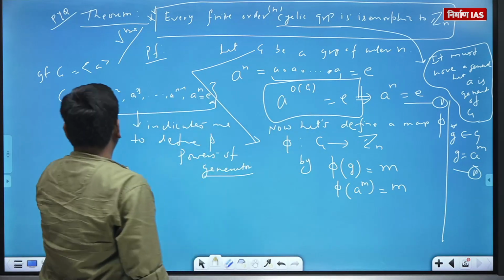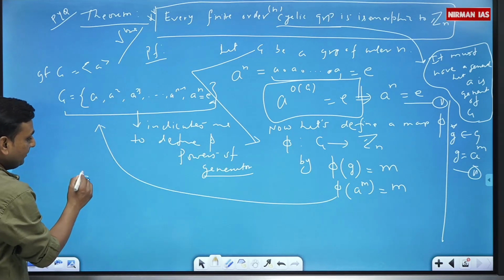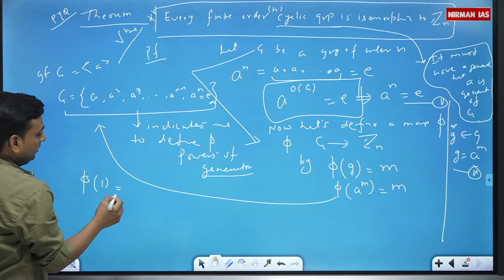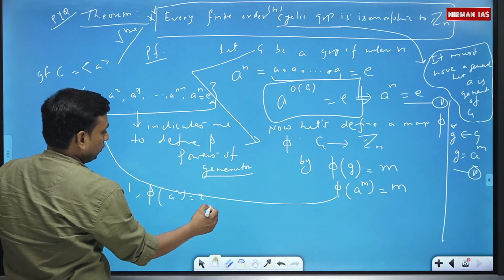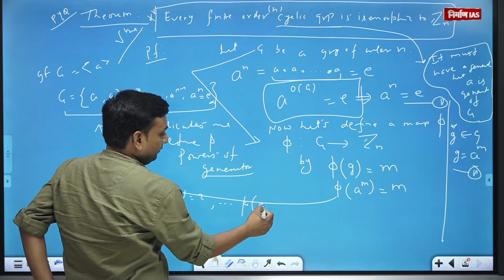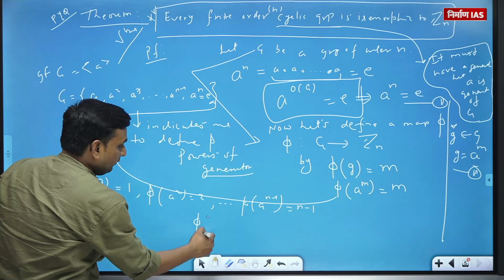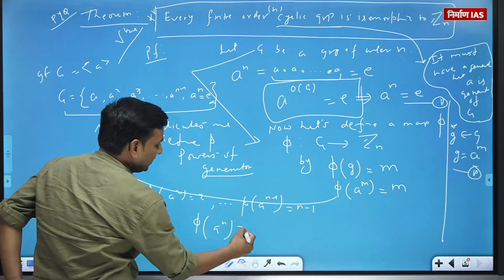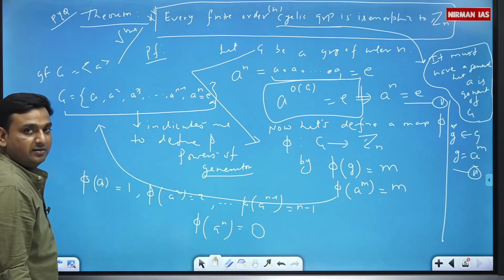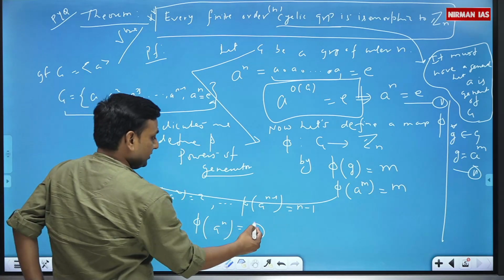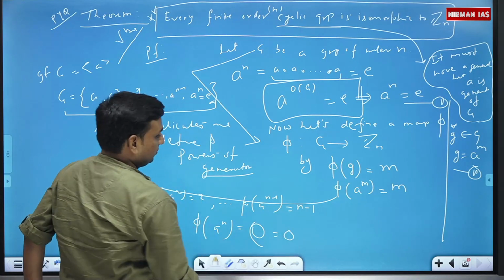So let's say I have this formula. What ultimately am I going to do here? Phi of a as 1, phi of a square as 2, phi of a raised to power n minus 1 as n minus 1, and phi of a composed n times will give me identity. n means e, e means the power 0, or whatever you can say, 0.